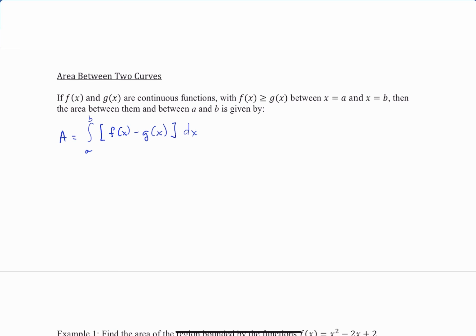So maybe a better way, not so mathematical, would be to write that we have the definite integral of the upper curve minus the lower curve dx. And don't worry, I'll show you in the examples how to figure out which one comes first. We'll do that in the next video.